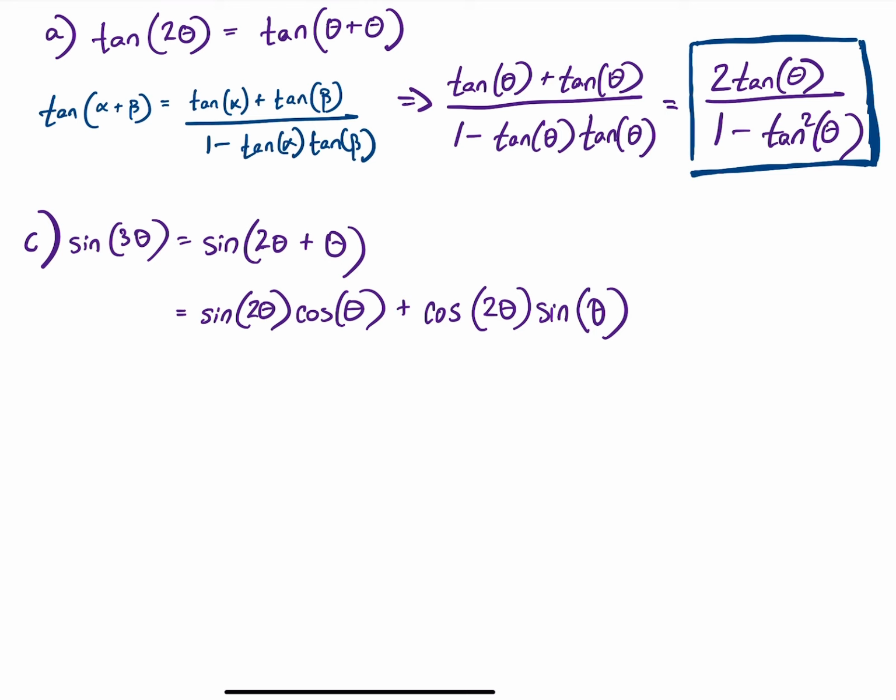So let's substitute those in. So I'm going to replace that sine of 2 theta with how we defined it earlier as 2 sine of theta cosine of theta. And then we also have times this other cosine.